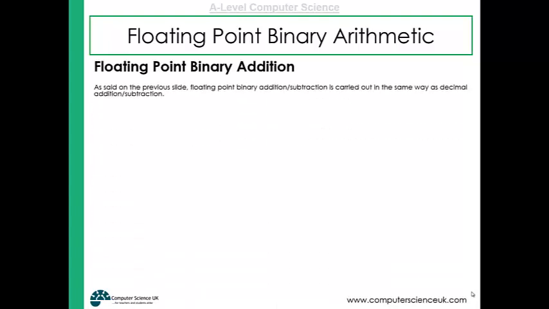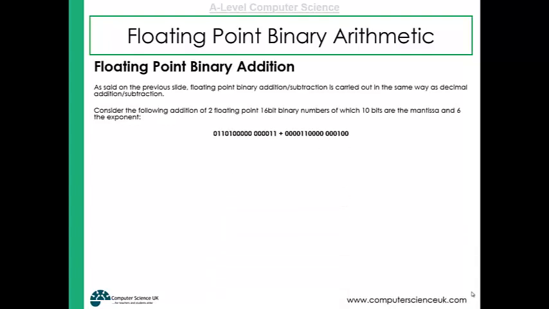Now, floating point binary arithmetic is carried out, as I've said before, in the same way. So if you consider the following addition of two floating point 16-bit binary numbers, where 10 bits are given to the mantissa and 6 are the exponent, what we can do is the following.